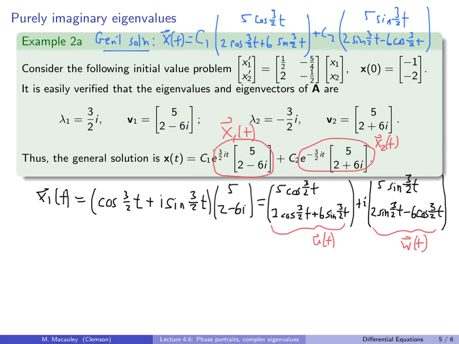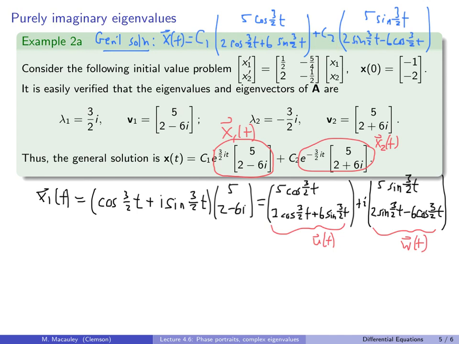So again, this two-parameter family of solutions involving complex exponentials gives us exactly the same set of solutions as this two-parameter family involving sines and cosines. Now that is if we allow these constants to be anything, real or complex.